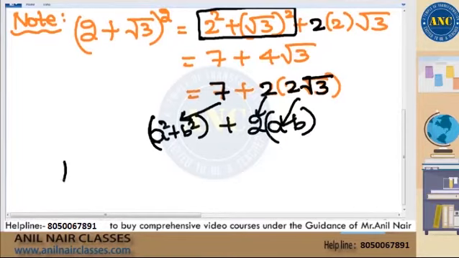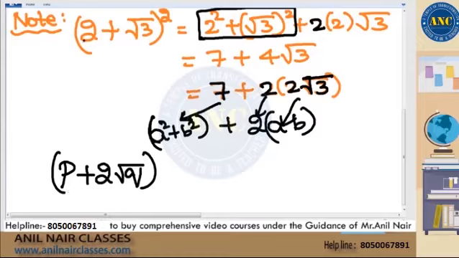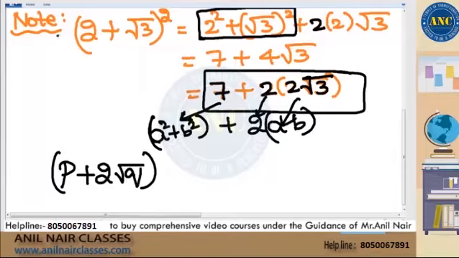That means, in general, if it is p plus 2 root q, I can say this p value will be a square plus b square, and this root q value will be nothing but the ab value.